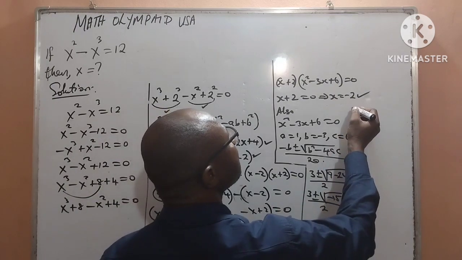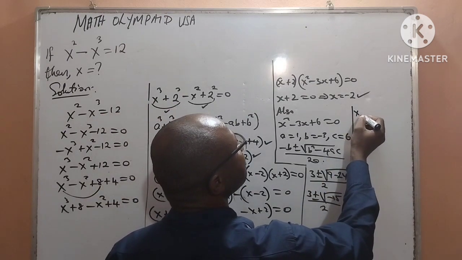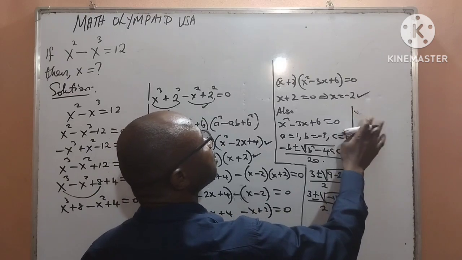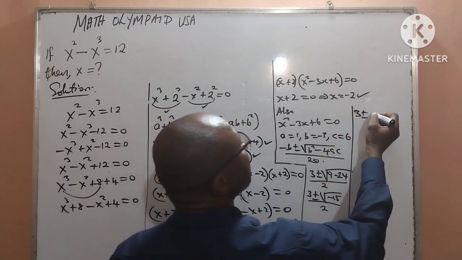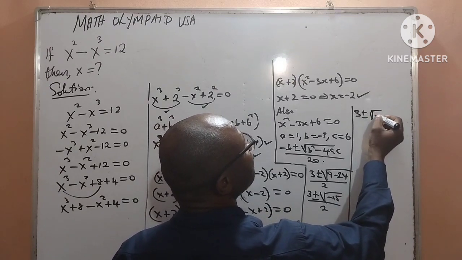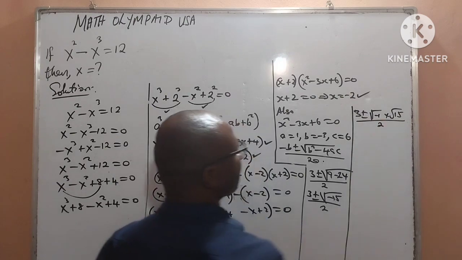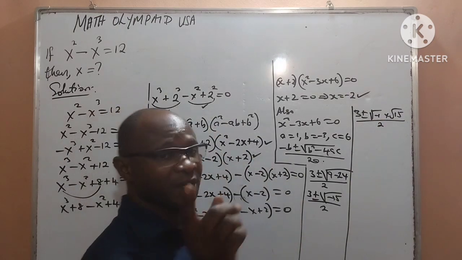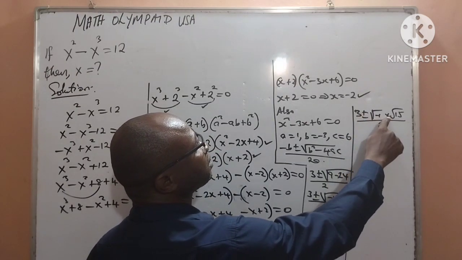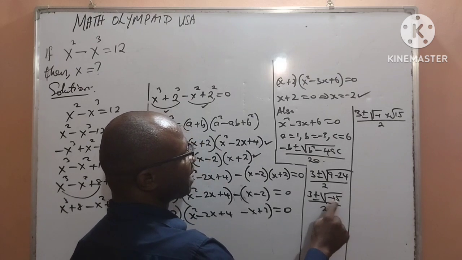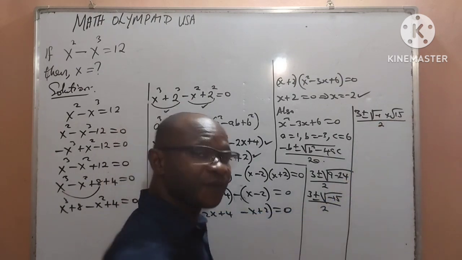Therefore, moving forward, let us look at it this way: 3 plus or minus, I can now write this as the square root of minus 1 multiplied by the square root of 15, everything all over 2. That is, minus 15 is now expressed as root of minus 1 times root 15.